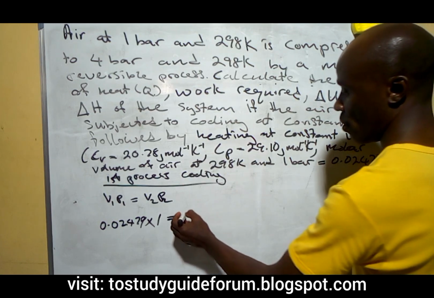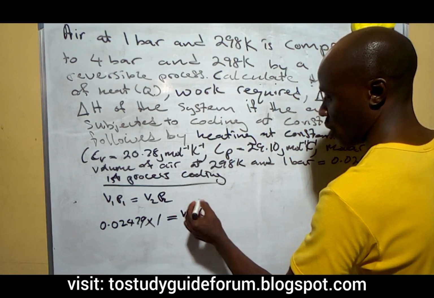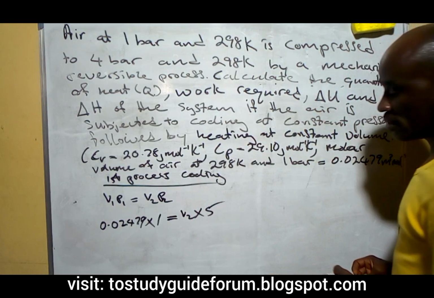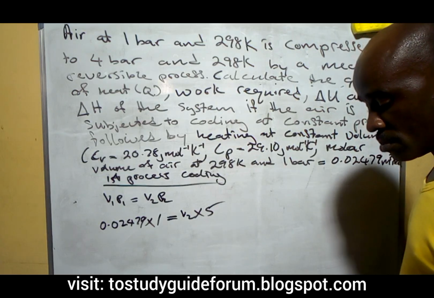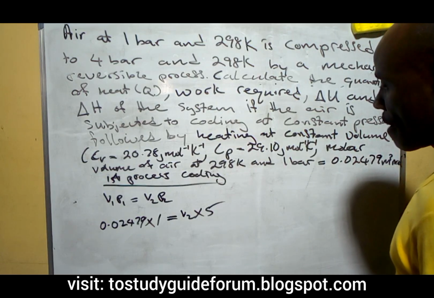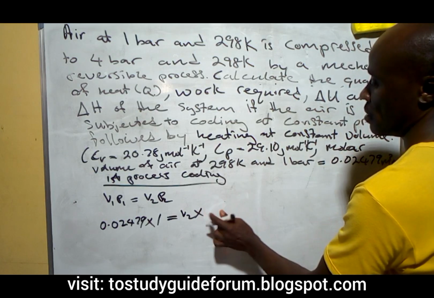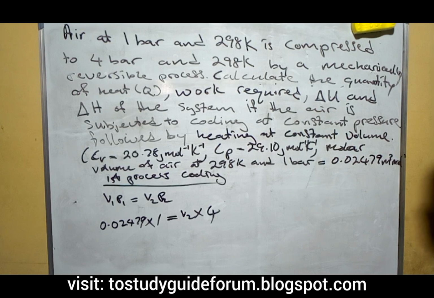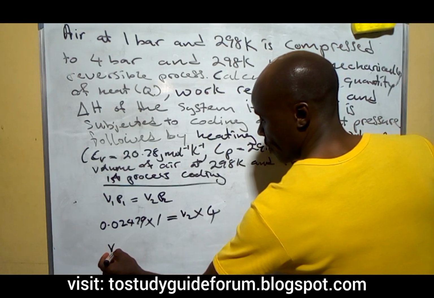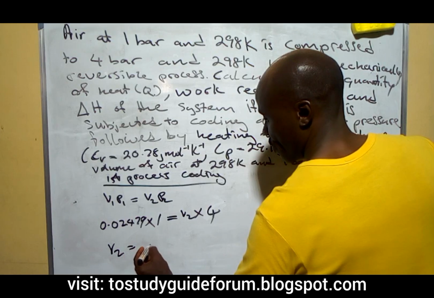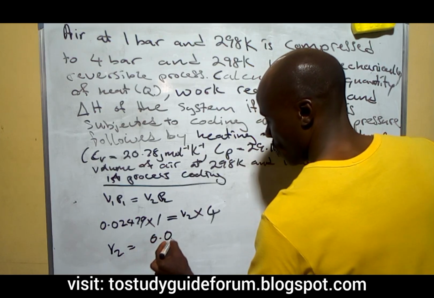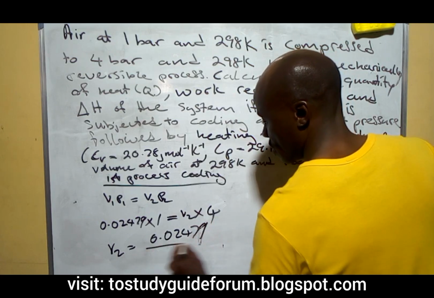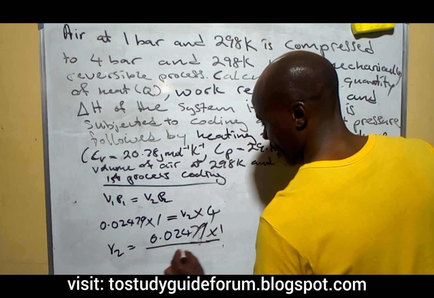The volume we're looking for is what we don't know, but the pressure at that point, according to the question, is 4 bar. It's 4 bar. Sorry, let me get 5. It's 4 bar. So now when we make V the subject of the formula, we'll find that V is 0.02479 times 1 divided by 4.